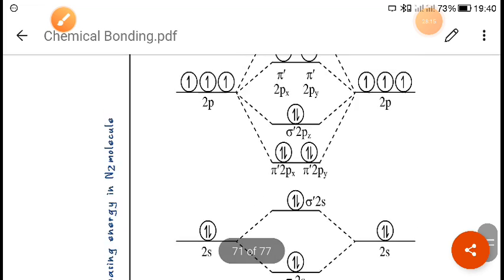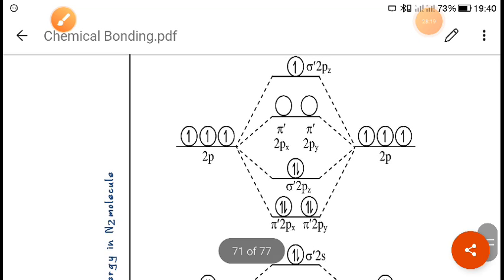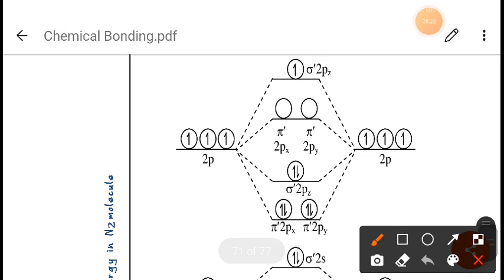Next, when 2p and 2p come closer to each other, see here carefully, they are forming a sequence.